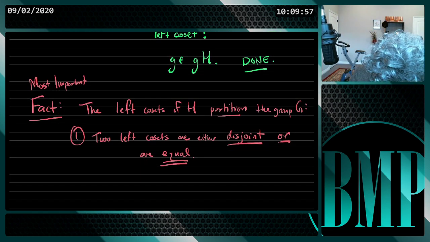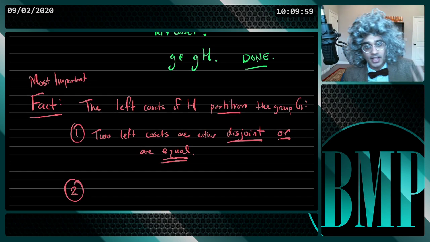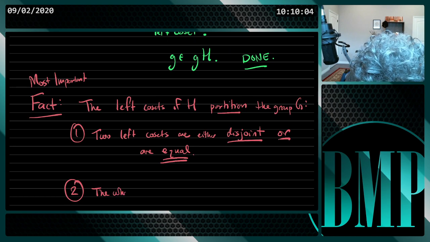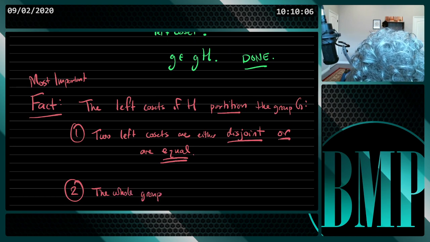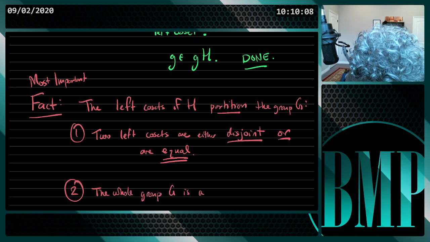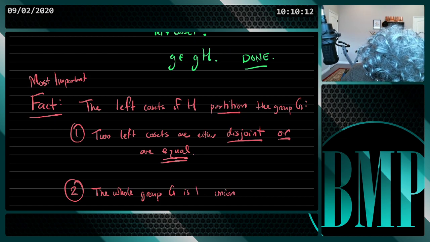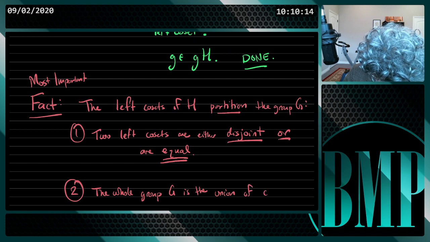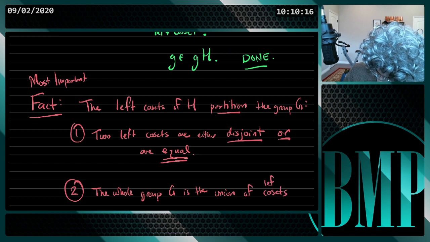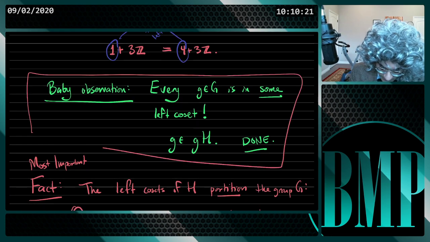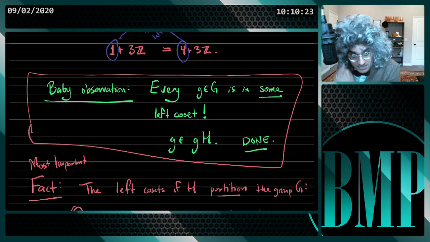And two, the whole group is the union of cosets. All right, so the fact that the whole group is a union of left cosets is this baby observation.